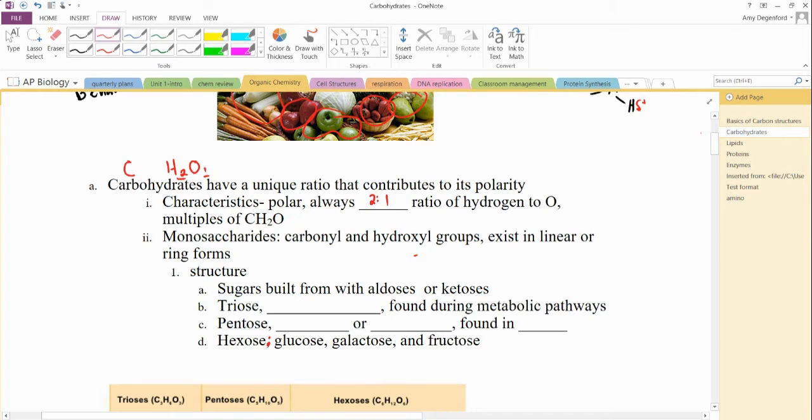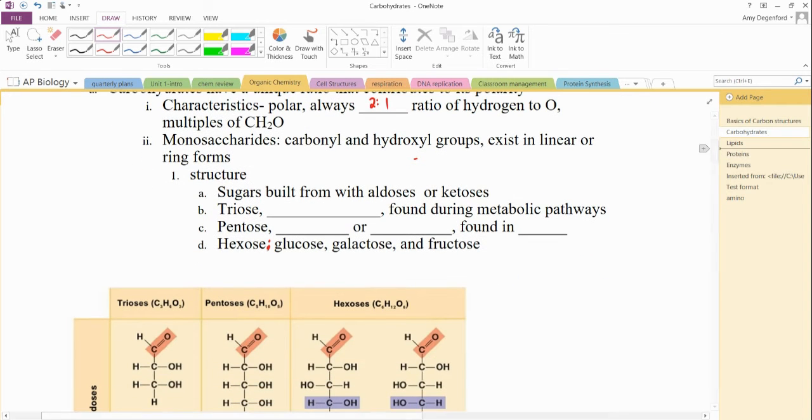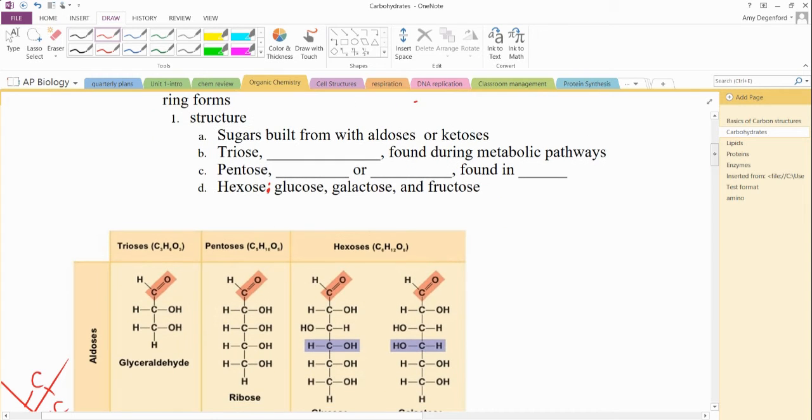Monosaccharides, we can see them in linear or ring form, but most often we're going to see ring. So we'll start with trioses, which are 3 carbon. And then we have pentoses, which are 5 carbon. These are things like deoxyribose and ribose, which are found in DNA and RNA respectively.